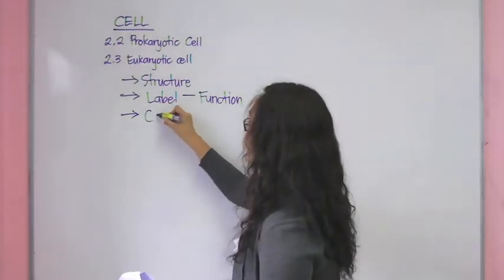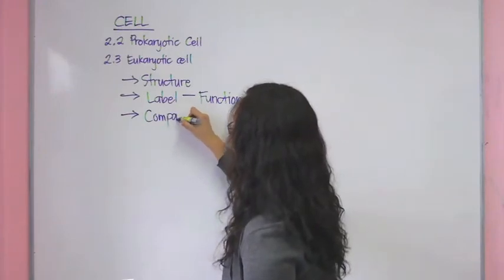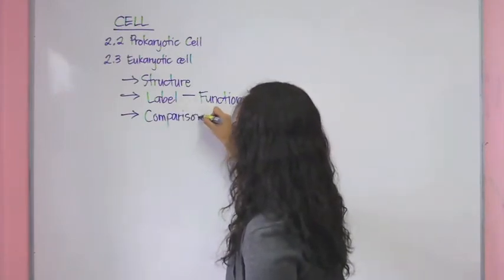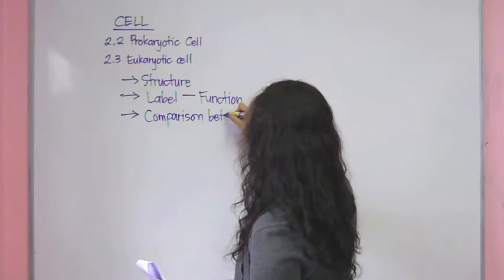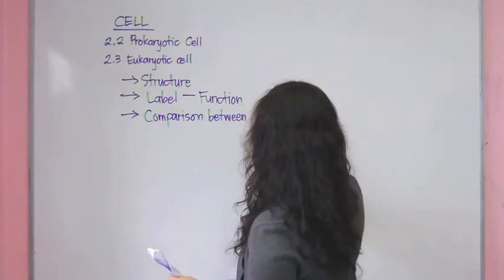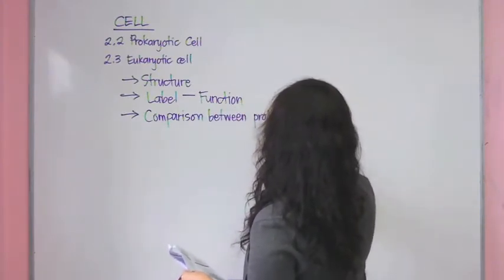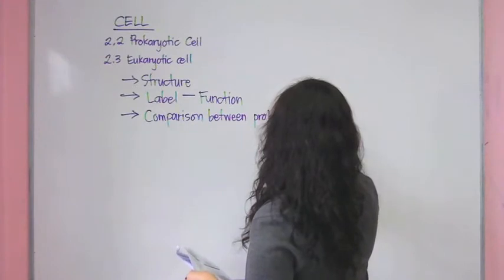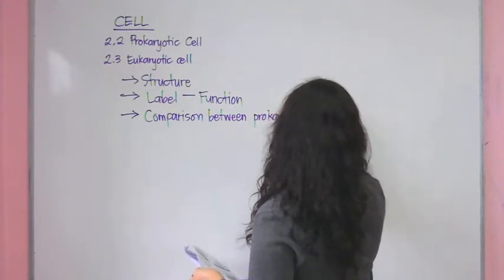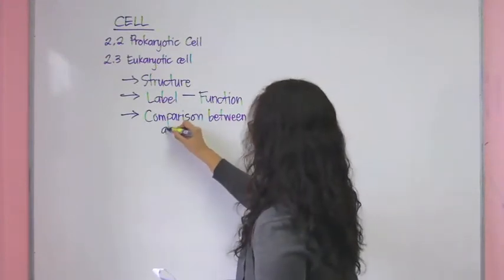Okay. Another important key area that students need to learn is the comparison, or the differences, between prokaryotic cells and eukaryotic cells.